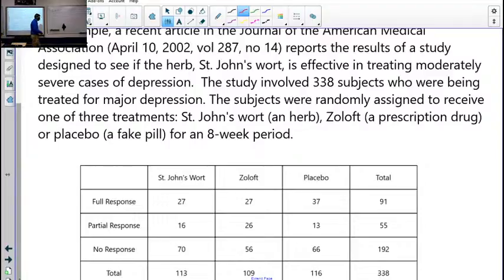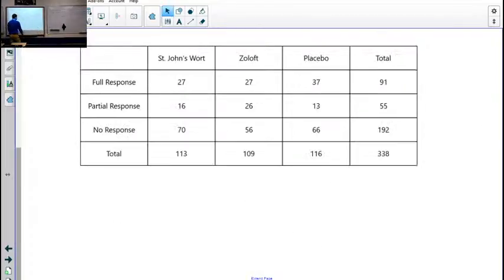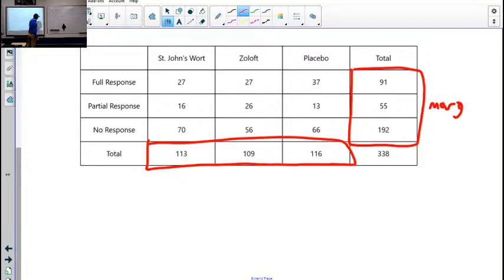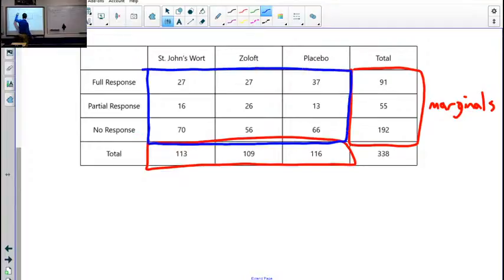And then the spaces in here, let me give some more space. So here's your grand total down here. These would be the marginals. And the stuff in here, a lot of times we call these the conditional parts of the table, of the distribution.